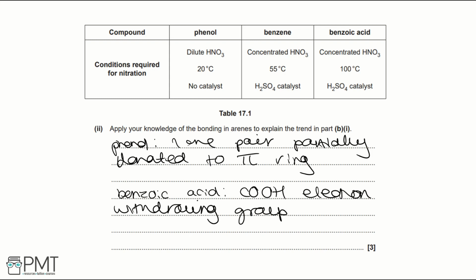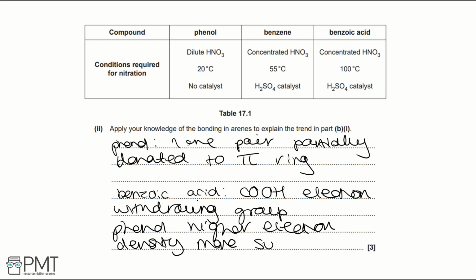Then we need to link by saying that phenol has a higher electron density, and therefore it's more susceptible to electrophilic attack. We don't need to write electrophilic attack, but that's a good bit of background knowledge that you can carry on using in the exams.